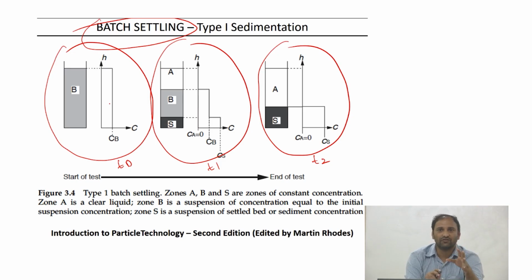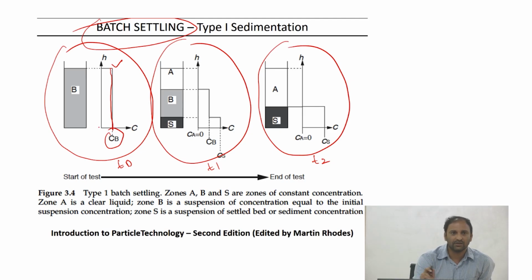The concentration of the slurry as a function of height is exactly the same. That means no matter from which pocket of the container I draw the solution, I measure the same volume fraction. Correspondingly, in the concentration plot, the concentration everywhere throughout the height is Cb, the concentration of the particles that you start with.